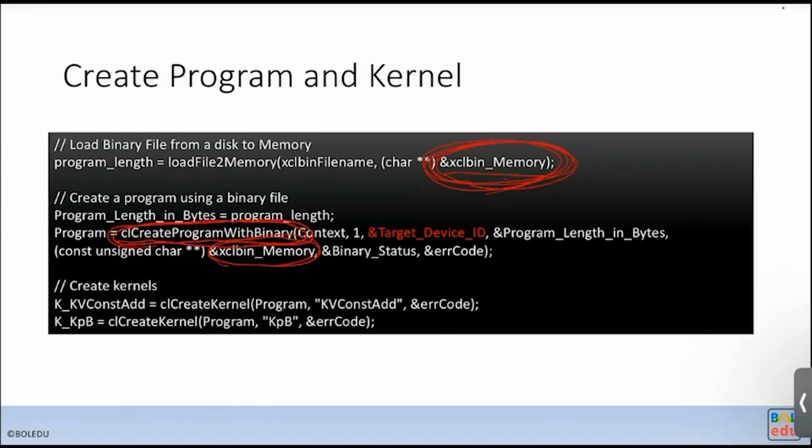I believe what it does is load the XCL bin file into the FPGA device. Then you create individual kernels. Right now you have 5 kernels, so you create each kernel, which gives you the kernel object, and later on you can operate on each kernel.